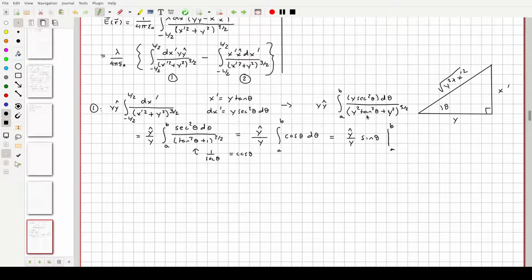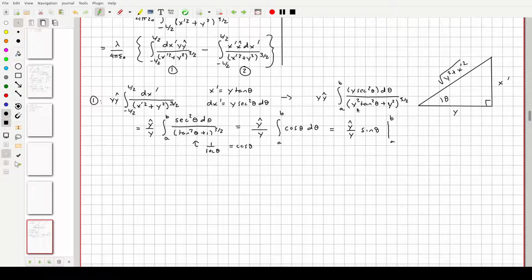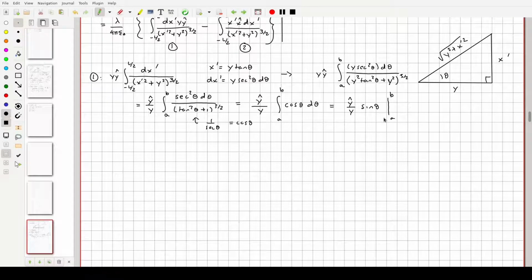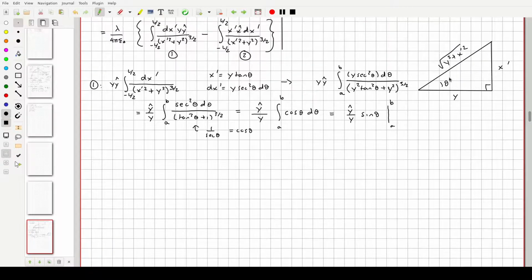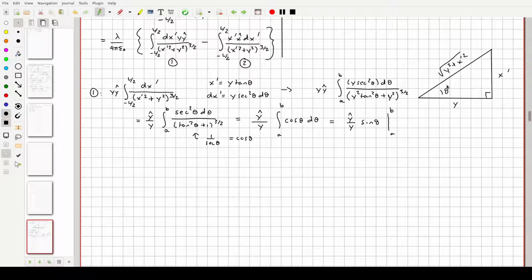Now, like I said, in a traditional math class, typically what they would do is plug in their limits here, and you would do an arctangent, and that would give you the bottom and the upper limits. I don't want to do that, though. I want to go back to my old limits. And the way I go back to my old limits is having done the integration and having a relationship between theta and the sides. Well, I'm just going to make a sine.